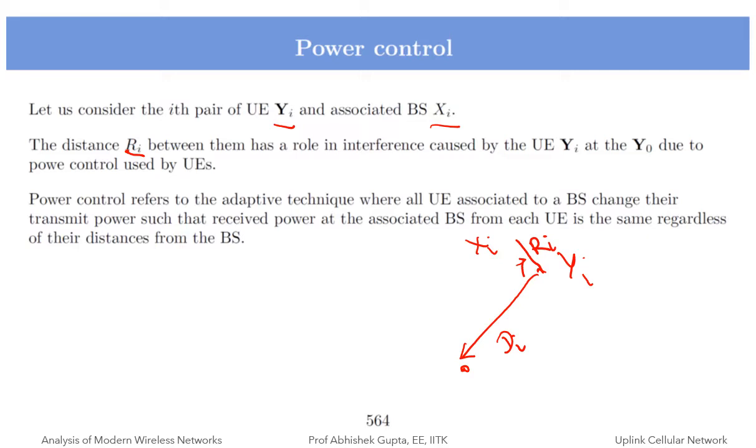So when a base station sees all the users, the users are transmitting at different powers, but the receive power from each user at the base station is the same. It means the transmit power at each UE is going to be different.